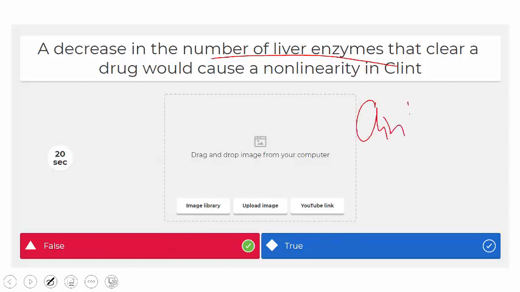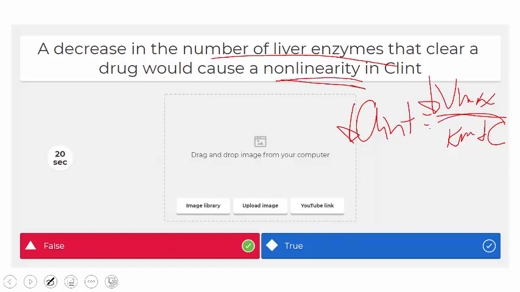Intrinsic clearance, which is your hepatic enzyme activity, is Vmax over Km plus C. A decrease in Vmax is the capacity, the number of enzymes available. That will decrease intrinsic clearance, but it does not cause a nonlinearity. What does cause a nonlinearity is this relationship here. So this is false.